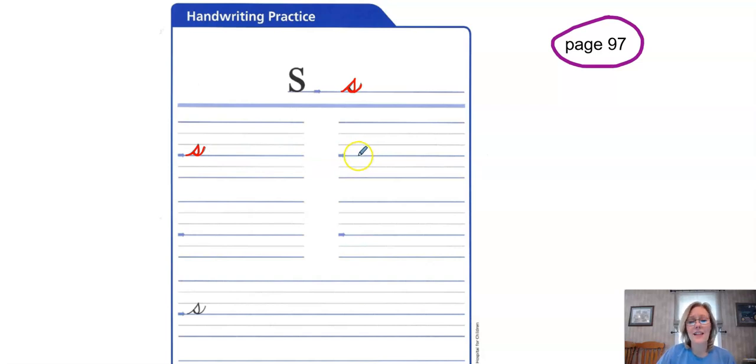Start on the baseline. S, Z. Good. Now go below. Start on the baseline here. Name and make an additional copy. S, Z.